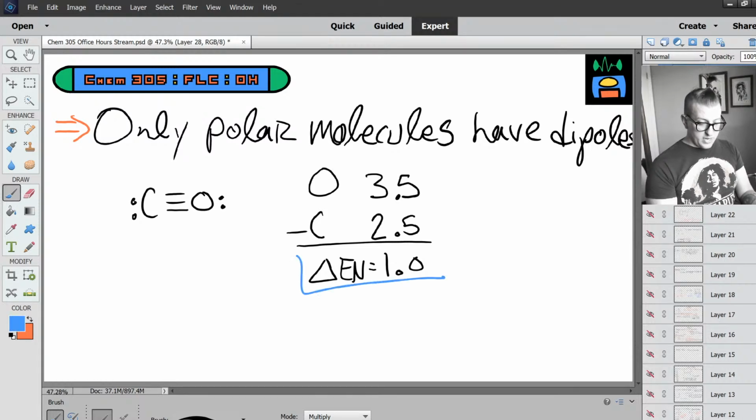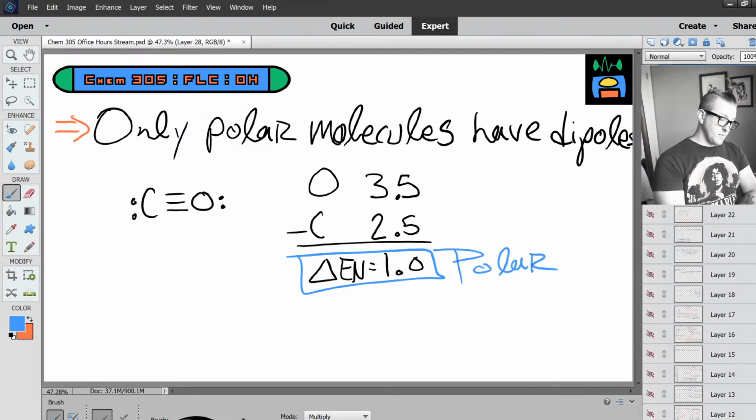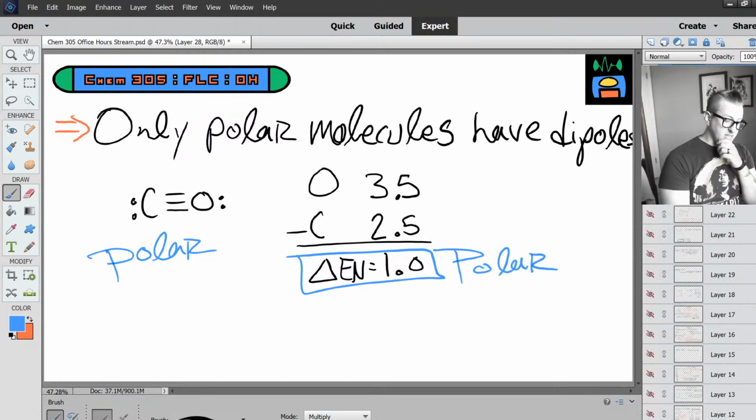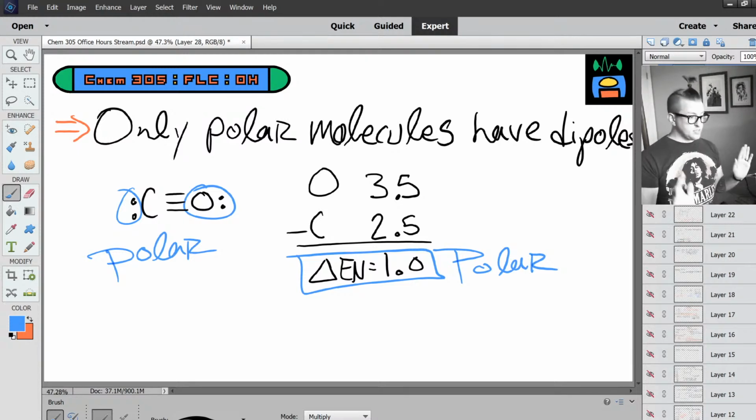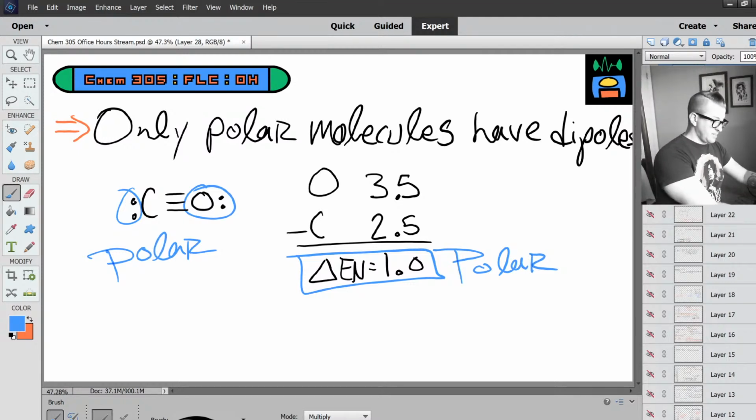This falls squarely in the polar range. So this molecule is polar because, again, it doesn't have an oxygen on every position. There's two positions, only one oxygen. So this molecule is polar. Okay, yes, that is totally correct.